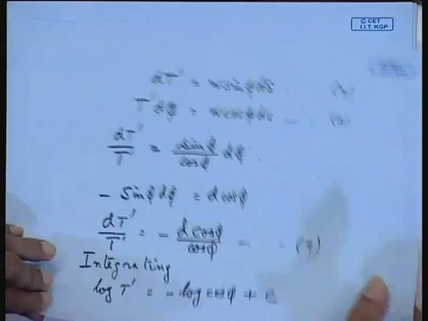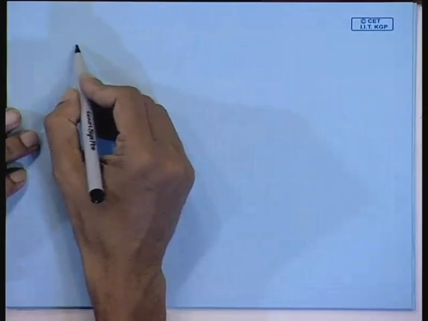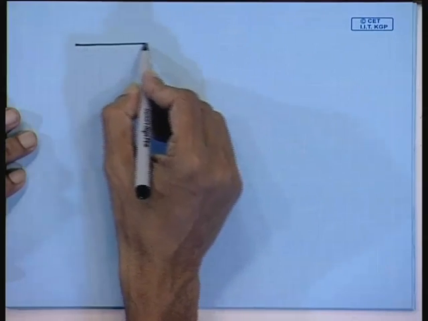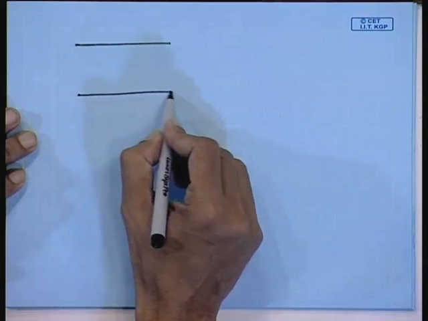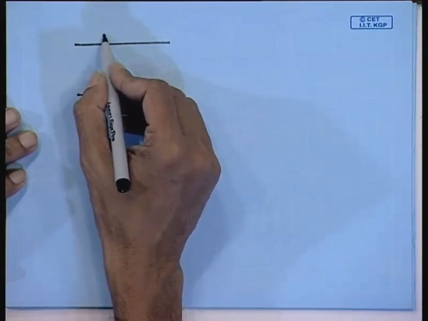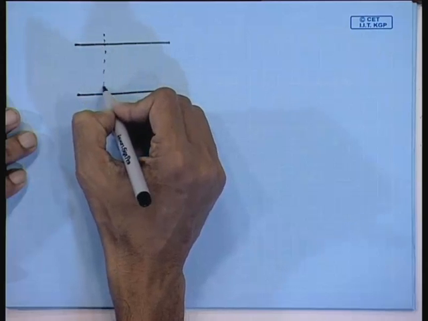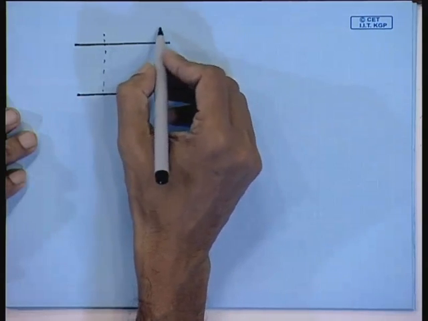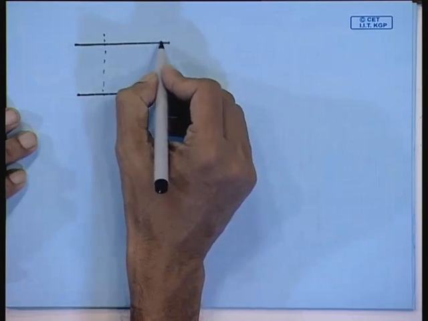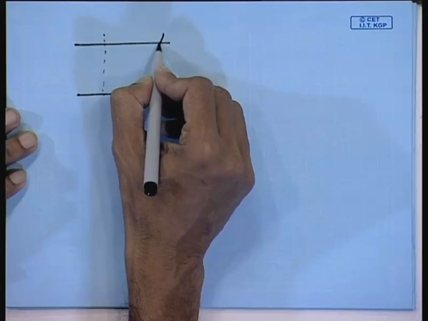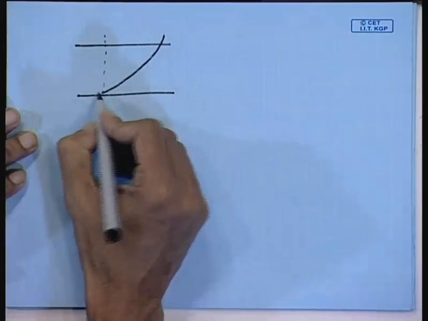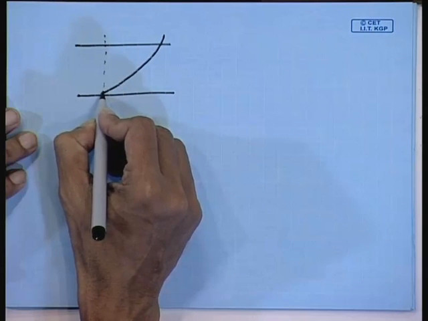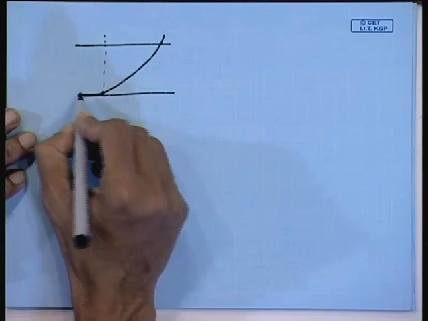Now starting from this chain cable, the diagram that we had drawn, there are two points which are your boundary conditions: at the seabed and at the waterline. So this is your chain cable, assumed to be in the shape of a catenary, and at this juncture it becomes horizontal with the seabed.